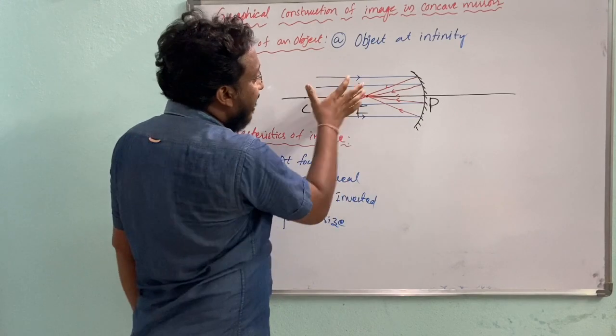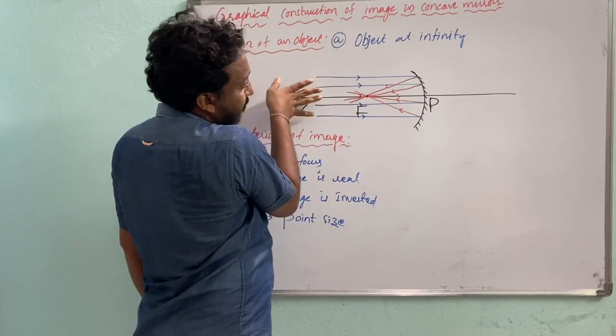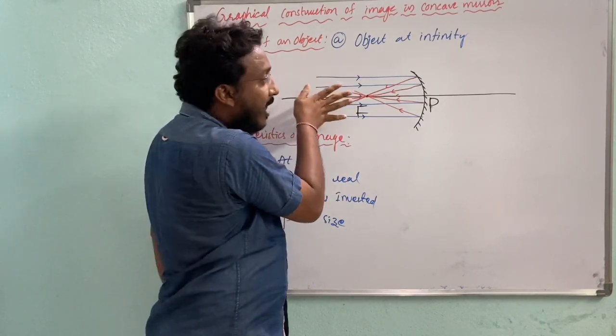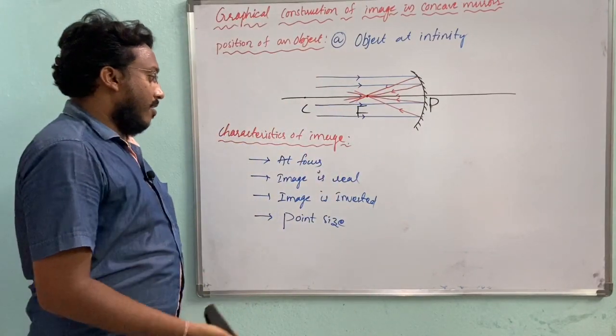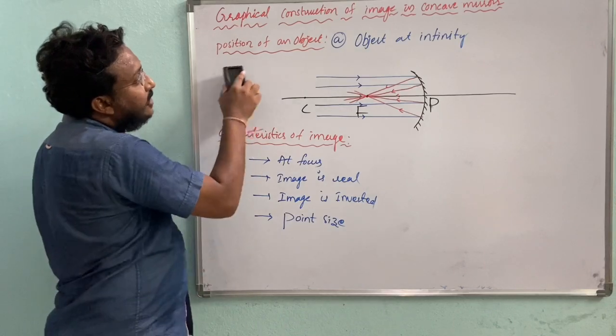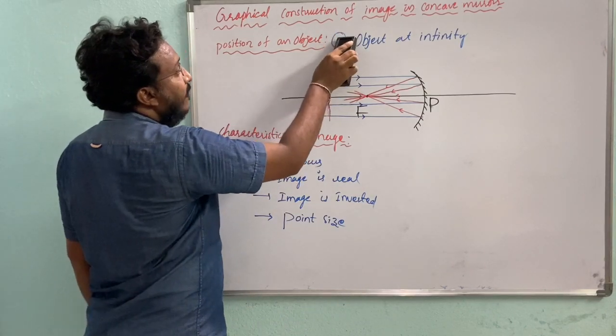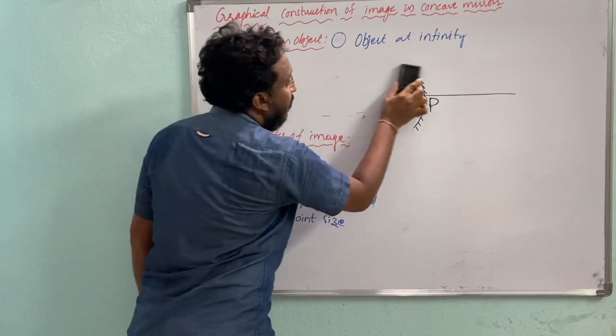In this case, a beam of light is parallel to the principal axis. Then the next case, the object is also at infinity only. Then we are going to draw one.